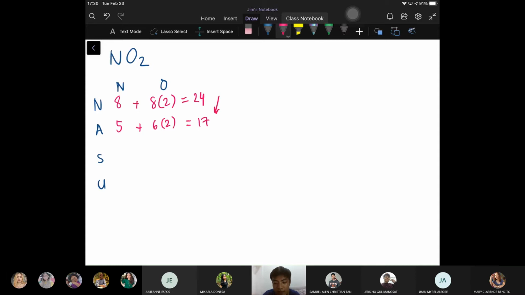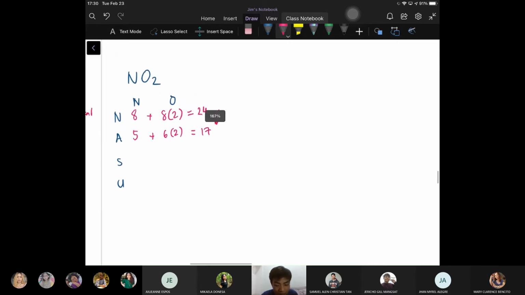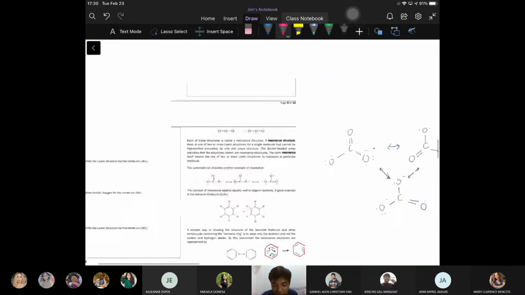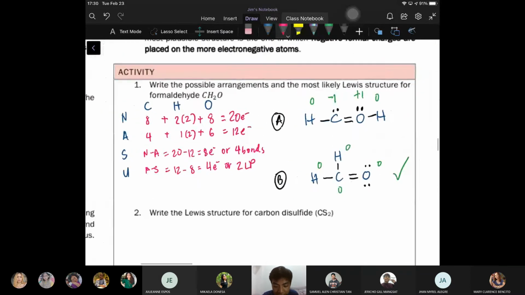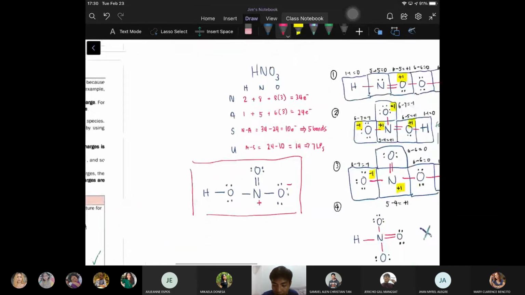Dito pa lang magtaka ka na. Bakit? If you are unaware, tignan nyo yung A ng ating mga molecules kanina. Ito, 17, odd number yan. Tignan mo yung A ng mga drawing natin kanina. Formaldehyde, A is 12, even number.